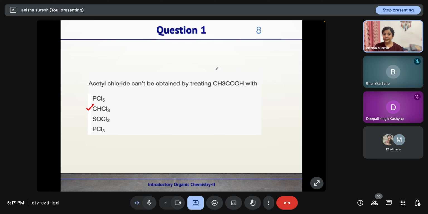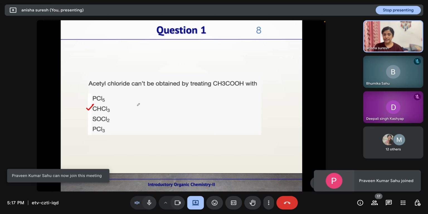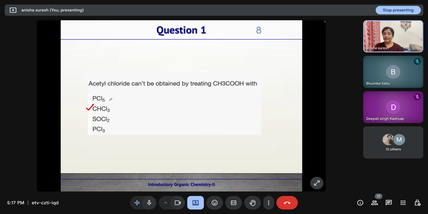So when we are treating this acetic acid with PCl5, SOCl2 or PCl3, it will result in the formation of acetyl chloride. I will be discussing the mechanism for each of these. And in case of CHCl3, such a mechanism is not possible, and hence CHCl3 will not result in formation of acetyl chloride when treated with acetic acid.